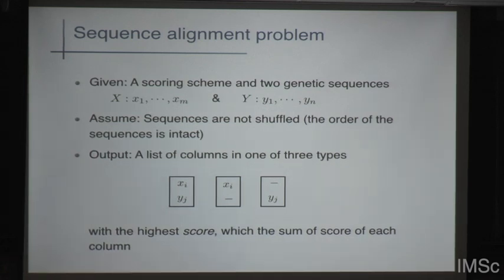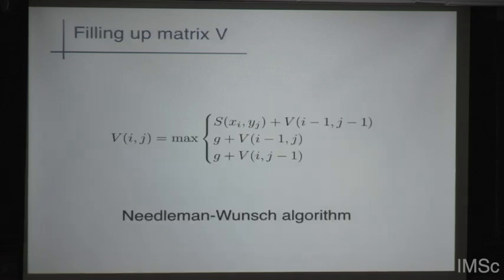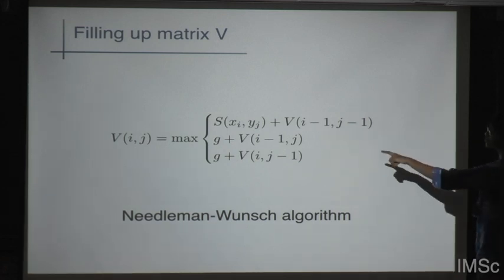And we said that instead of doing the whole problem in one shot, we are going to do all the prefixes. So you're doing the i prefix and the j prefix of x and y. And to store the solution, you're using a matrix called V.